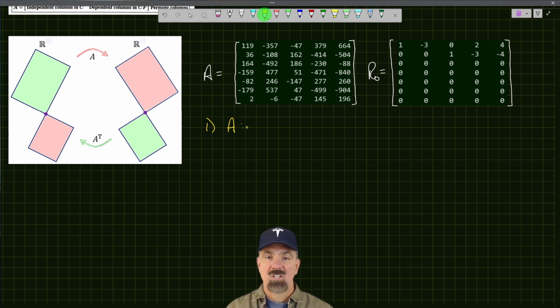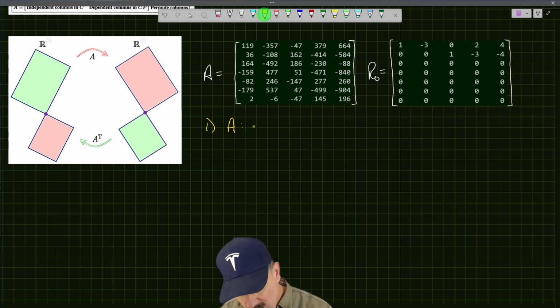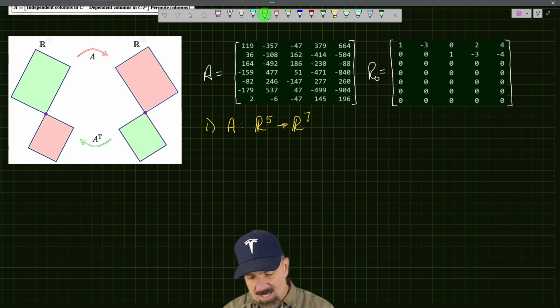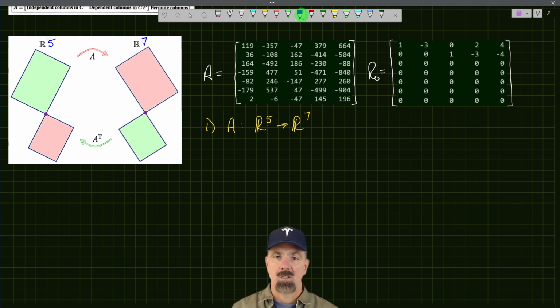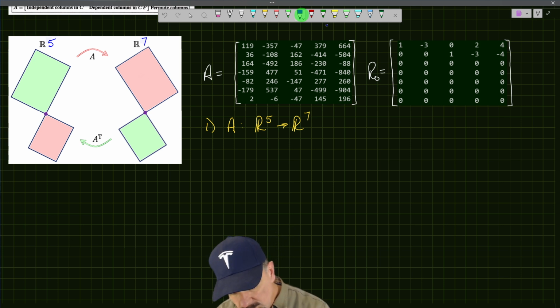The dimensions of A are 7 by 5. So we know that A is mapping R5 to R7. And that's the first thing that we're going to put into our diagram here. We are mapping R5 to R7. So the input vectors are length 5 and the output vectors are length 7.